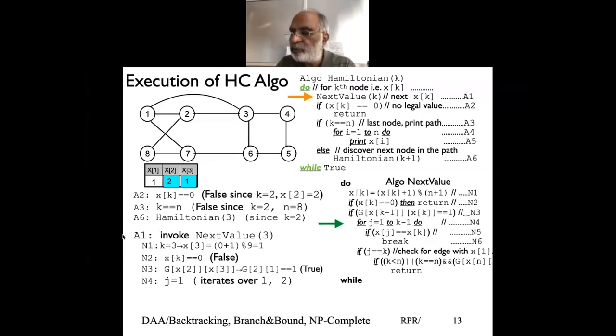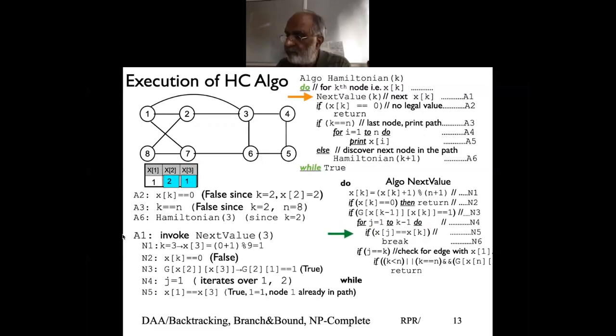Because there is the edge 2 to 1, now we look at whether that vertex is visited. For all the vertices, vertex number 1, vertex number 2, k is equal to 1. Now x1 is equal to 1, x3 is also 1. That means this condition succeeds. When this condition succeeds, it is already in the path, so we break from this for loop.